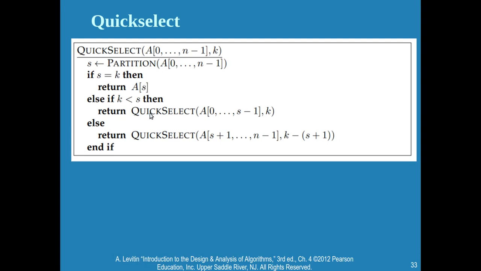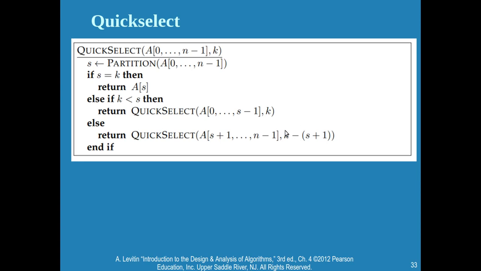If not, this is when we look and see: is K greater than S, or do we need to look at the beginning of the array? So we cut off the beginning from 0 to S minus 1, where S was the pivot, and we look for K again. Or do we need to look for it on the right side, where it was greater?